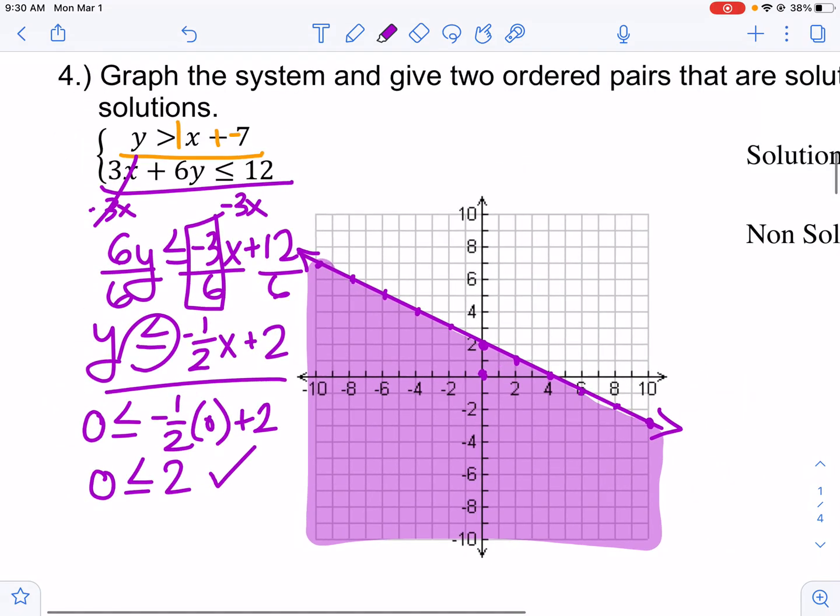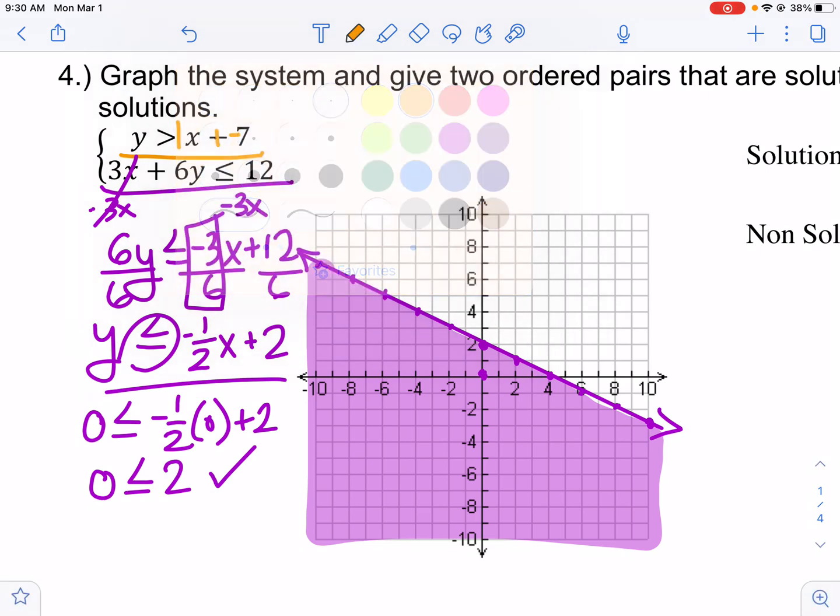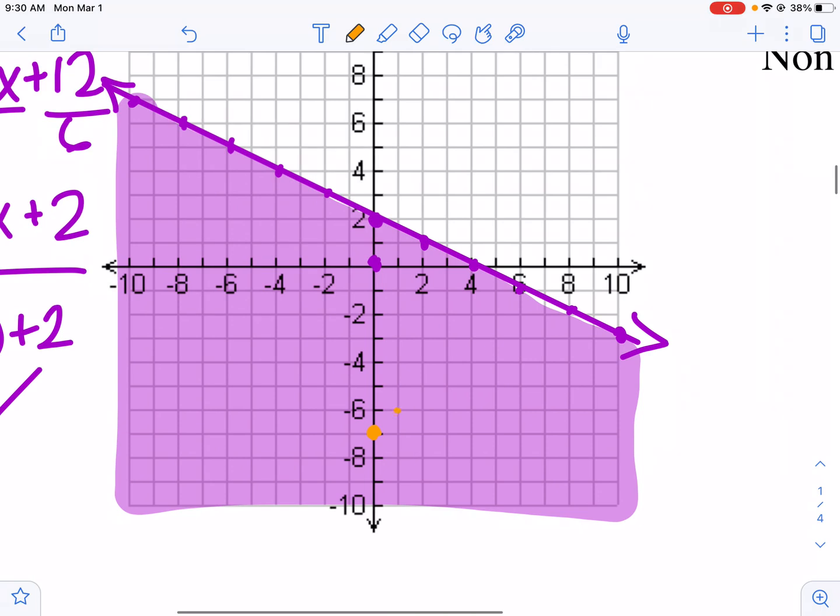Now it's time to graph my orange inequality. Go ahead, hit pause, and graph the orange inequality and check your work with mine. Hopefully you've had a chance to graph it. I'm going to start off at my y-intercept of -7, and my slope is 1.